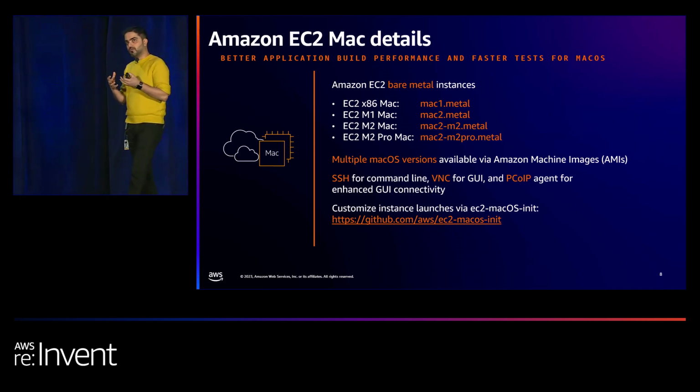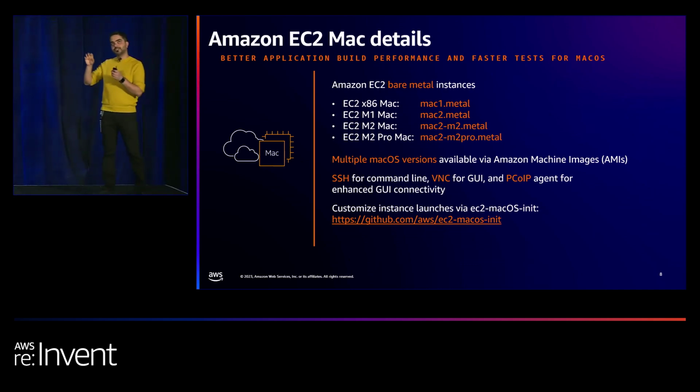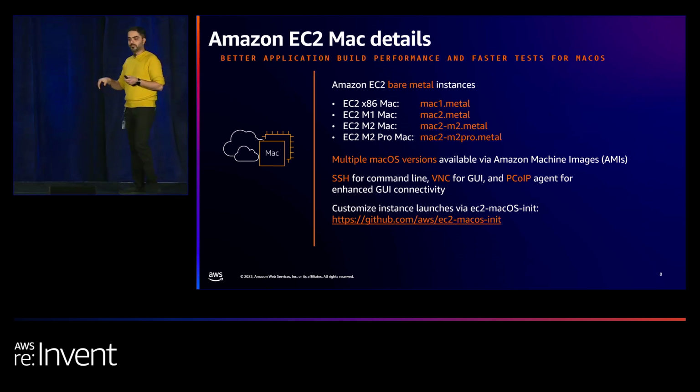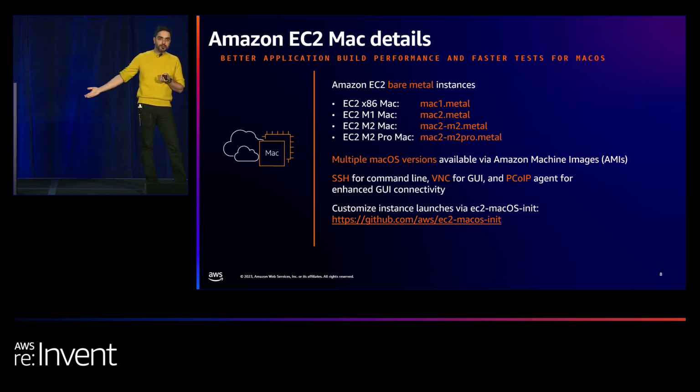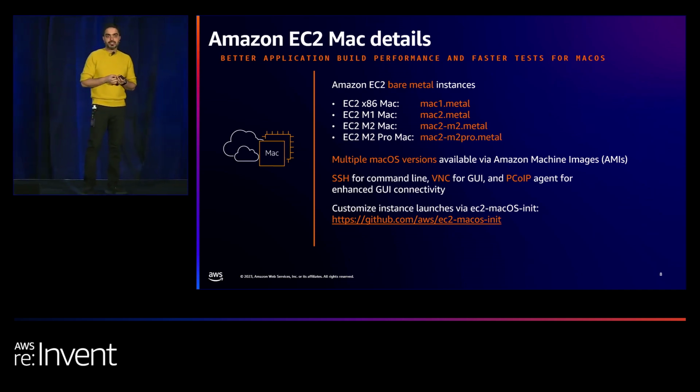The Mac is completely unmodified, with a small caveat: we do disable the Wi-Fi and the Bluetooth on the physical Mac for security, and we turn off the speakers and the microphone because we don't want somebody playing music in our data center on a physical Mac. Other than that, the Mac is completely unmodified, and it is one of those tenets that we want to continue following going forward, so that whenever we have a new Mac that we want to offer as an EC2 instance, we have the least amount of regression.